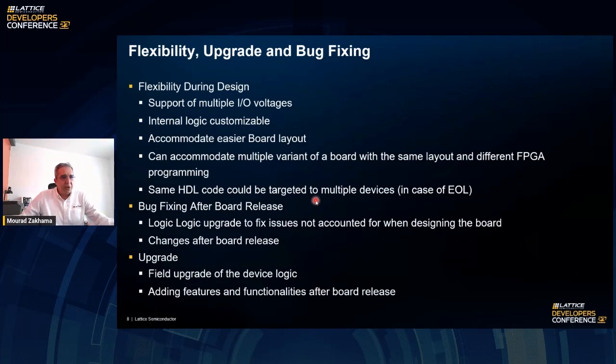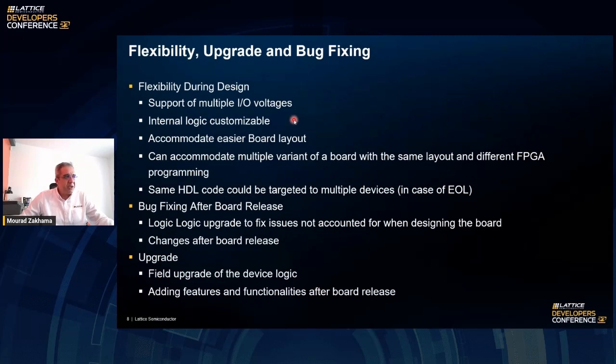During the design phase, you could select to support multiple I/O voltages and select the I/O voltages that you need depending on what is available on the board. You have internal logic that is customizable to adapt to different requirements, which could be evolving through the design process.